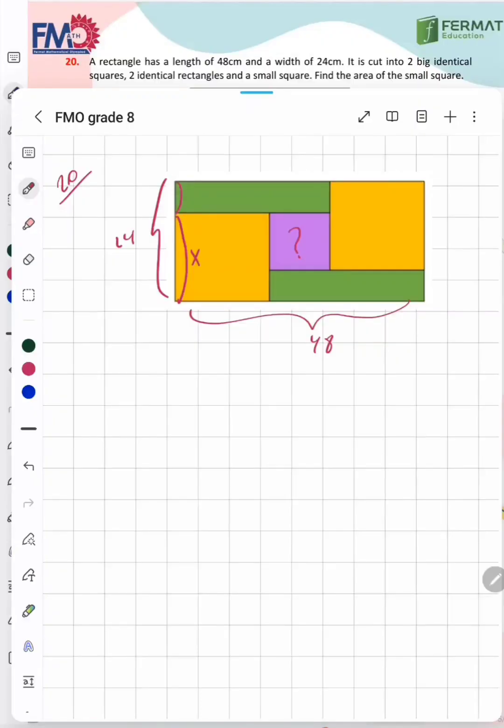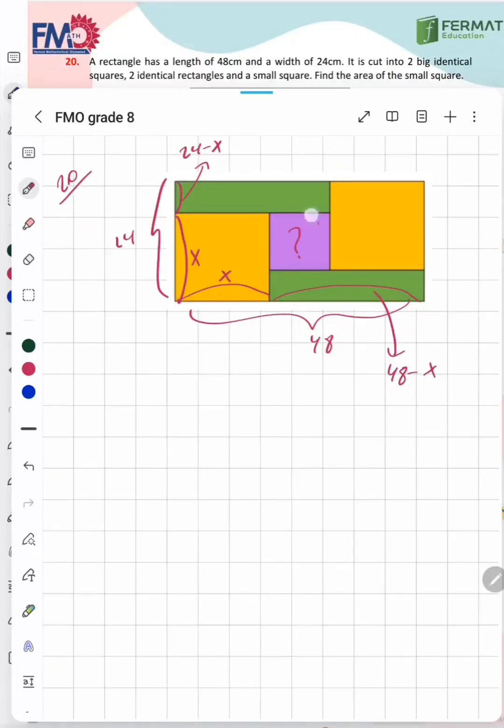We can express the width of the rectangle in terms of x, which is going to be 24 minus x. And we said it's a square, so we can write x here as well. And if this is x, the length of the rectangle will be, in terms of x, 48 minus x.